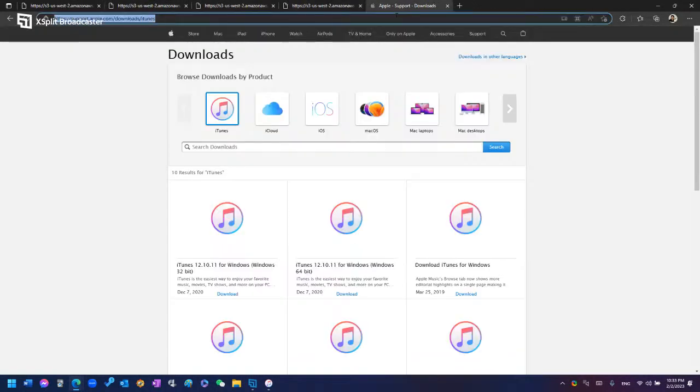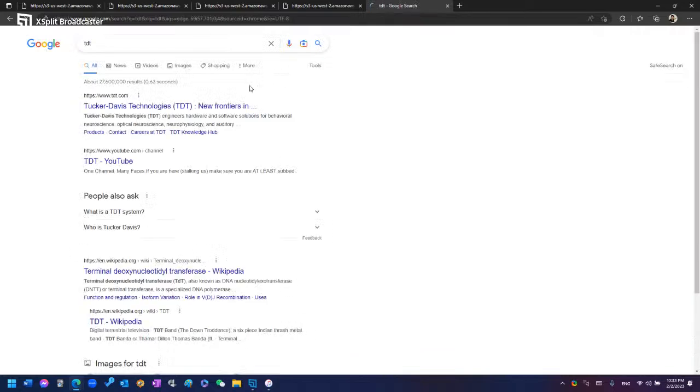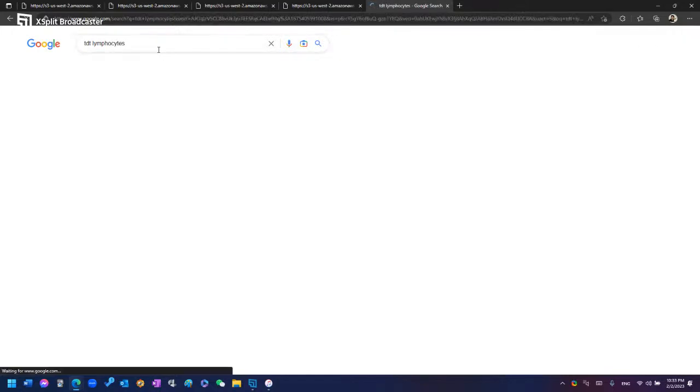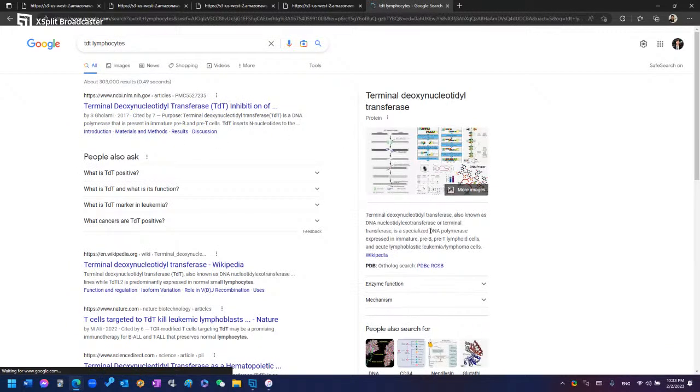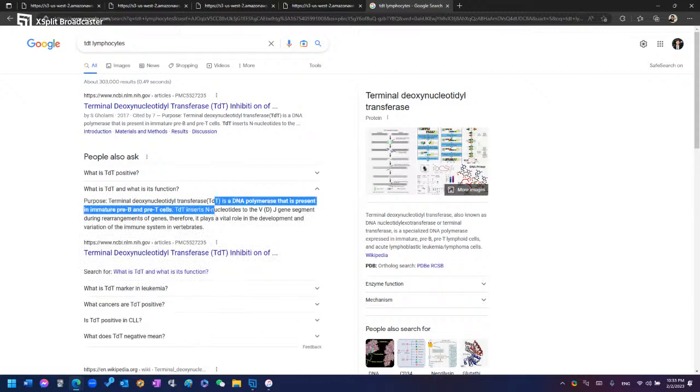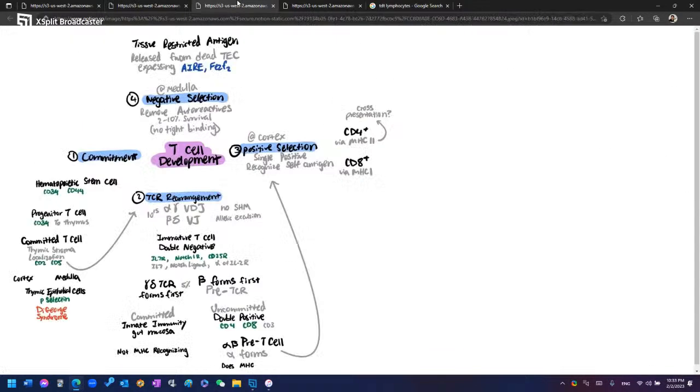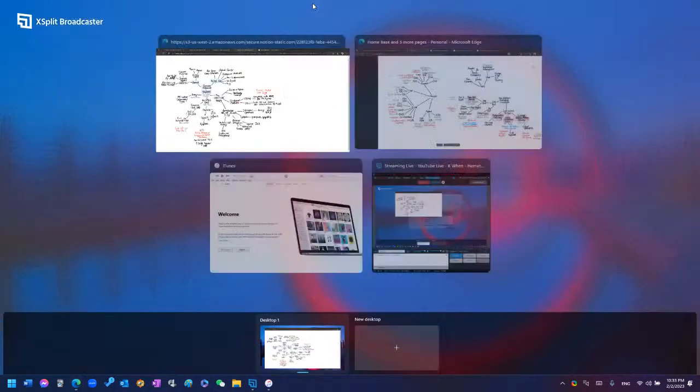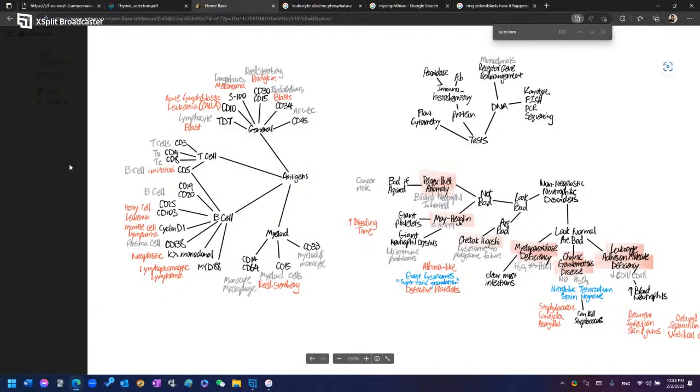TDT is in pre-B and pre-T, and it's going to help you in VDJ rearrangement.